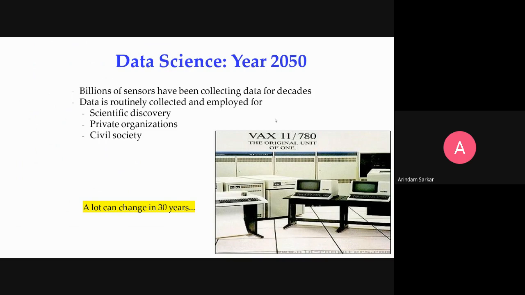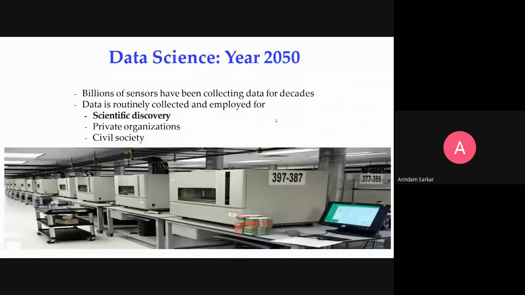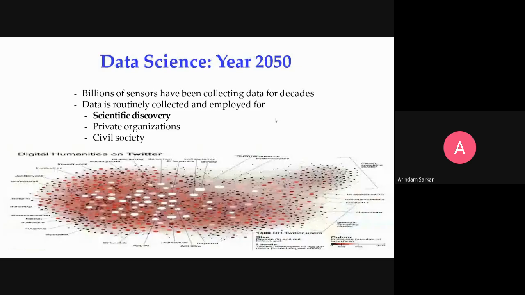Billions of sensors have been collecting data for decades. So a lot of data can be collected, and if we have a lot of data, then we can use that data for scientific discovery, private organizations, and civil society. Now people are using Twitter and social media accounts. So these are the digital humanities on Twitter. This is another analysis using Python and machine learning tools.